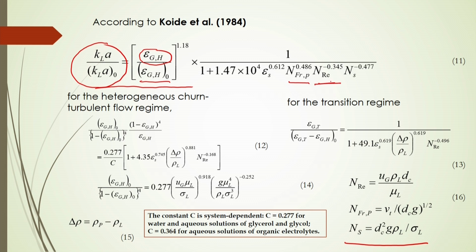So, in that case you will see that this Reynolds number will be 0, that means the mass transfer coefficient in the presence of solids will be 0 there.